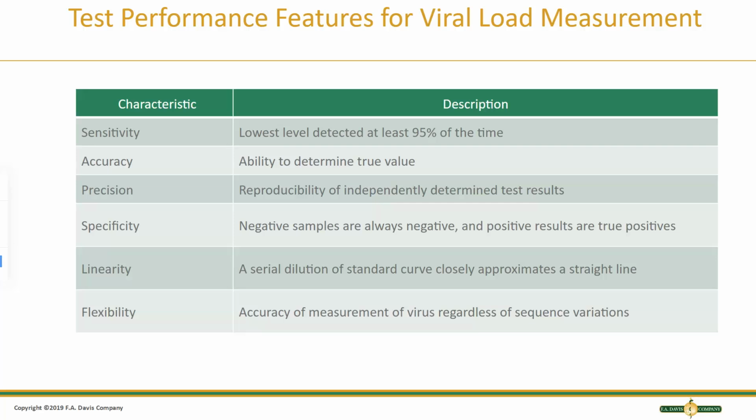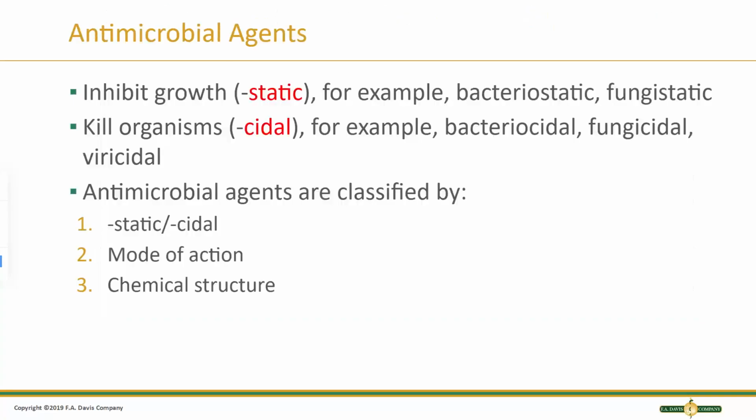Linearity, a serial dilution of standard curve closely approximates a straight line. And flexibility, the accuracy of measurement of virus regardless of sequence variations. So if there are slight mutations in the sequence, we could still accurately detect it. The system allows for some flexibility in detecting the wide range even if mutations are present.